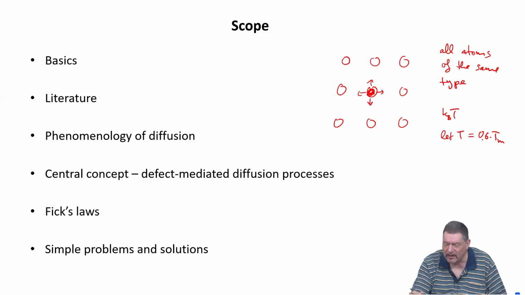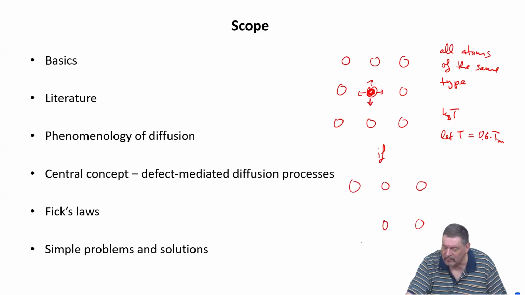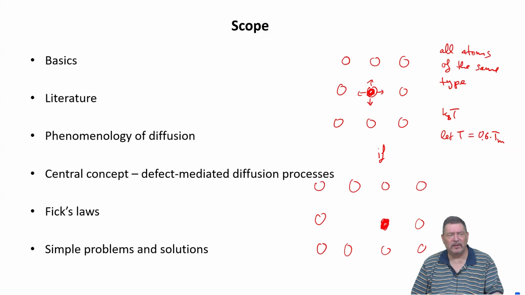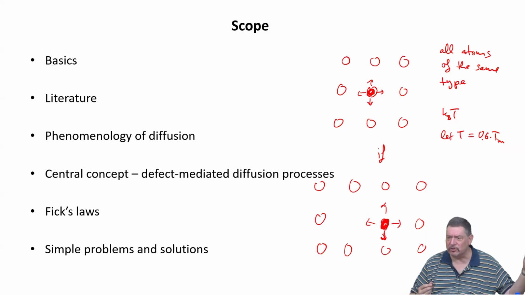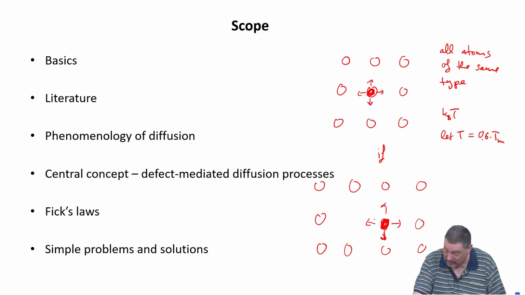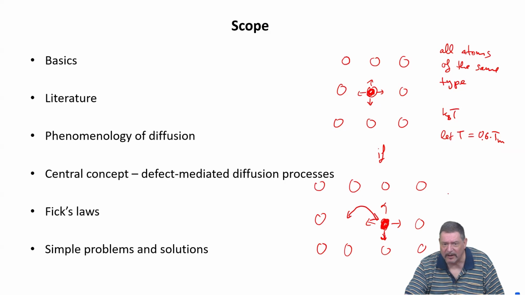However, if this is my atom, but neighboring to it there is an unoccupied lattice site, a vacancy, then it will still do this thermal vibration, but it might have, by chance, one excursion, one of these oscillations, as a statistical random oscillation, might be so large that the vacancy and the atom which I'm looking at exchange their position.